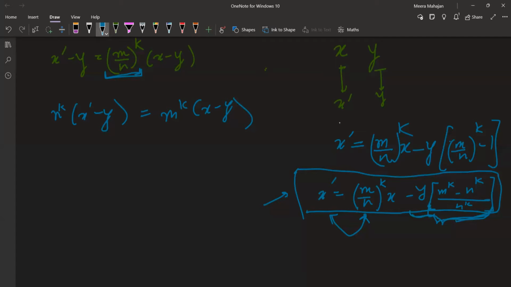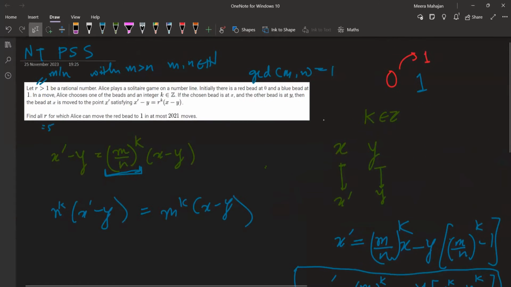Okay, x prime is an integer only, right? Yes, x prime is an integer. Wait, no, it need not be an integer, because this term need not be an integer. r is any rational. x prime is a rational.